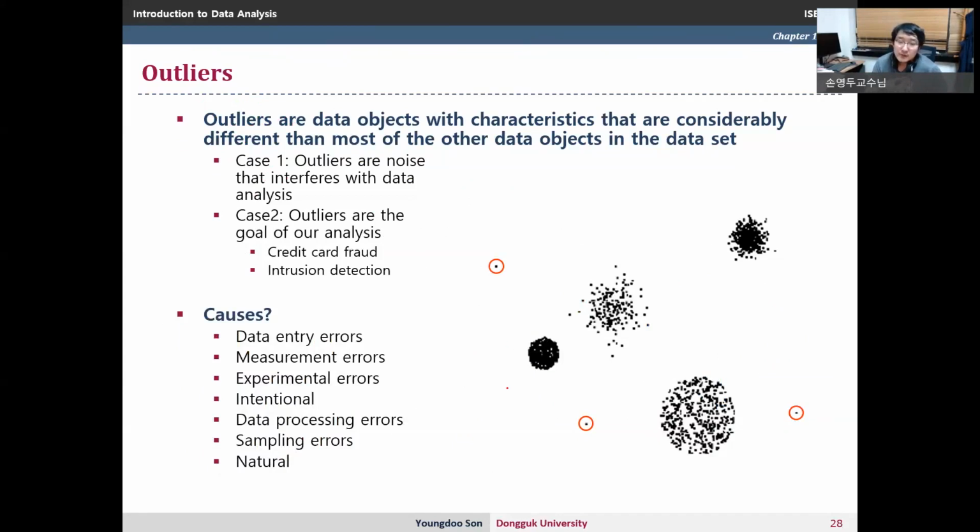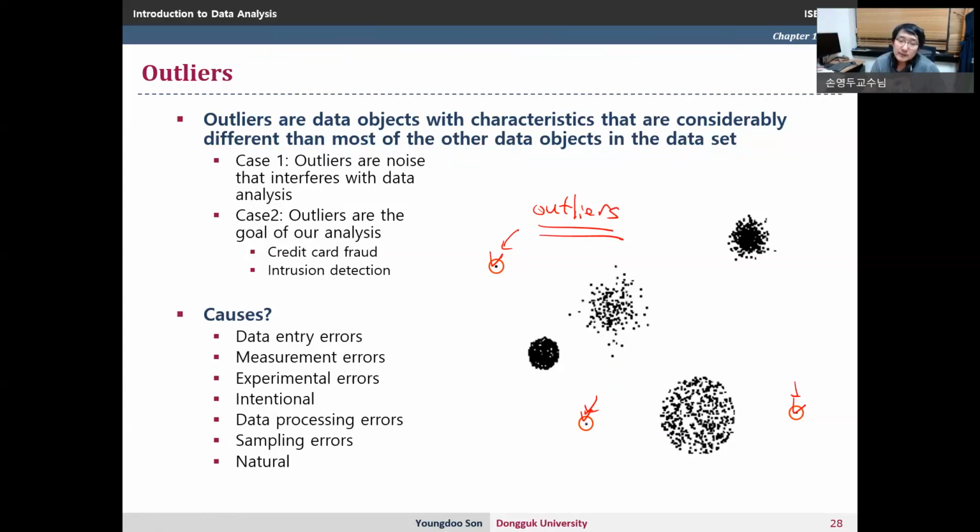For example, let's assume that each point refers to a data object, and then we can find some data points that are far from the clusters of the data or group of data. These data points are called outliers.